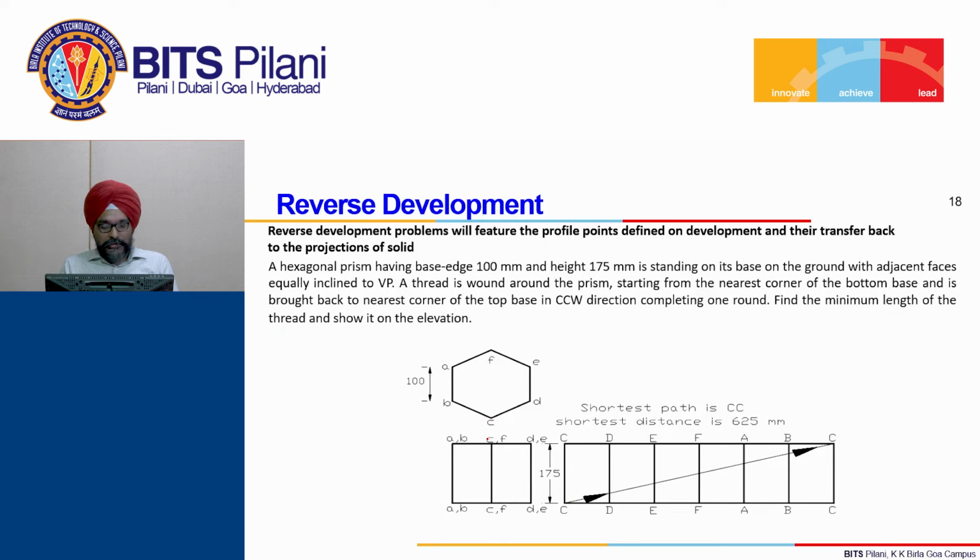First it was just for imagination that I have shown, but that was not the accurate path. The accurate path which will be minimum is from this point to this point: you have to join by a straight line on the development, and the points along the path are to be transferred.